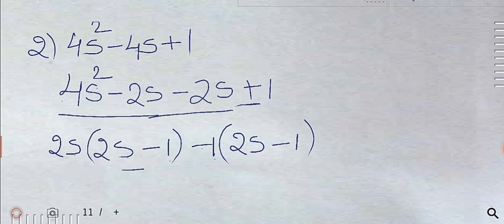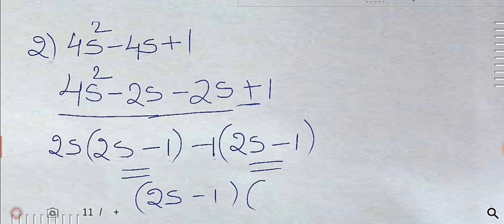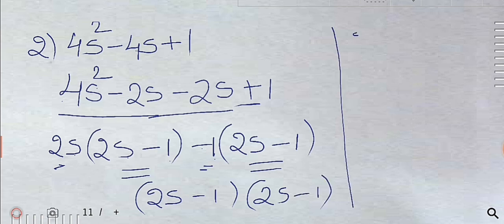Now from these two you can take out the common factor. So we'll get 2s minus 1 common. The other one remaining is 2s, and the other one is minus 1. So the two factors are 2s minus 1 and the other one is also 2s minus 1. These two are the factors.